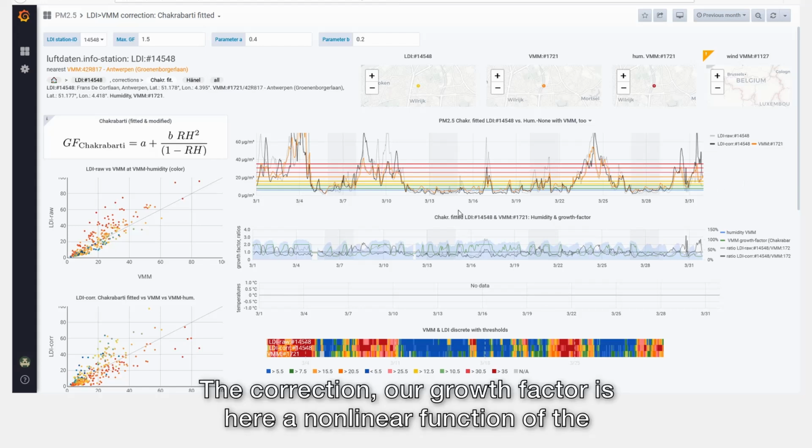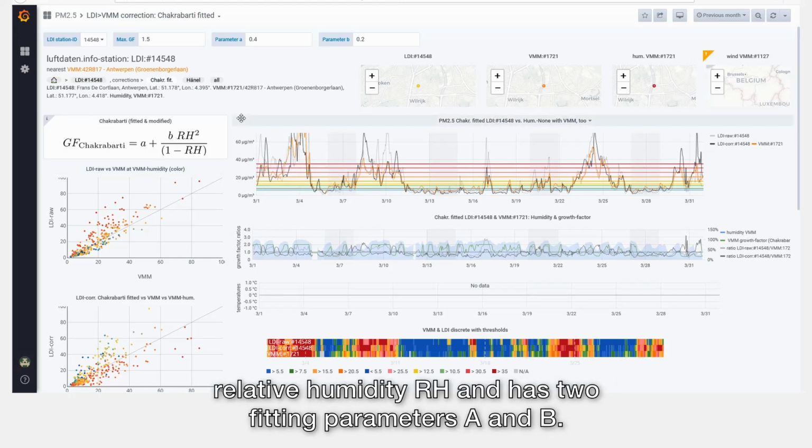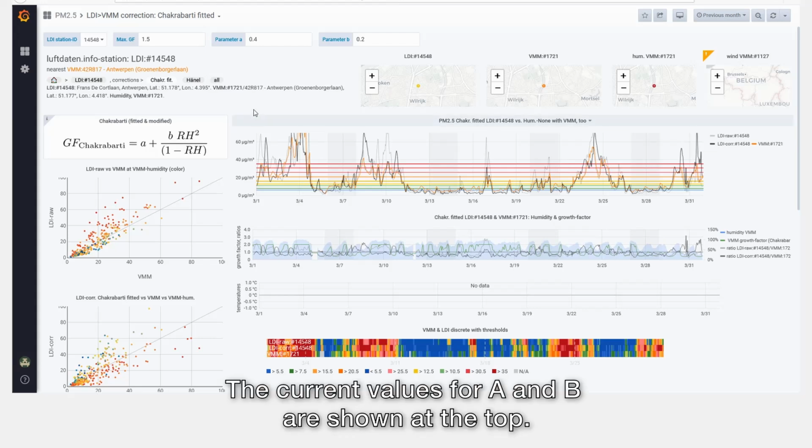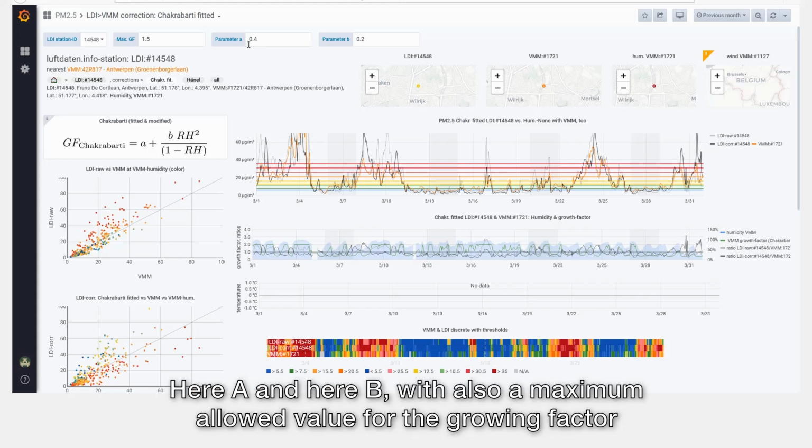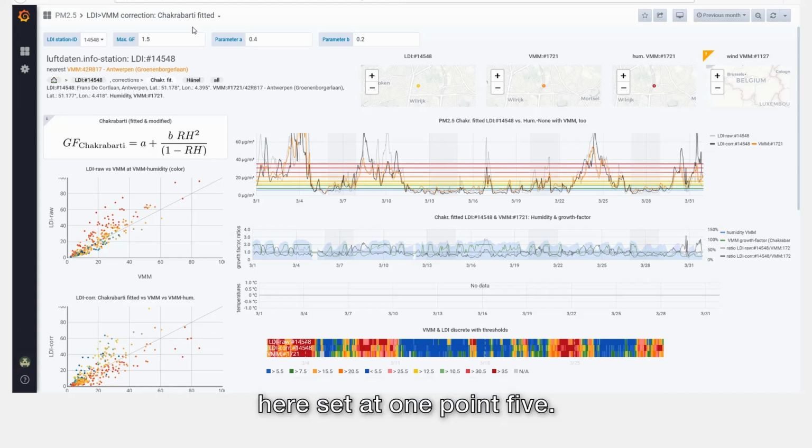The correction, or growth factor, is here a non-linear function of the relative humidity RH and has two fitting parameters, A and B. The current values for A and B are shown at the top, here A and here B, with also a maximum allowed value for the growth factor, here set at 1.5.